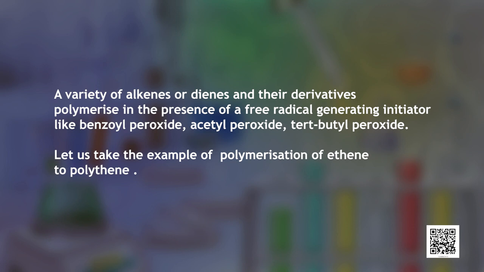Let us take the example of polymerization of ethene to polythene. I hope you must be wondering that many concepts of polymers can be well understood with the help of the example of polymerization of ethene to polythene only.